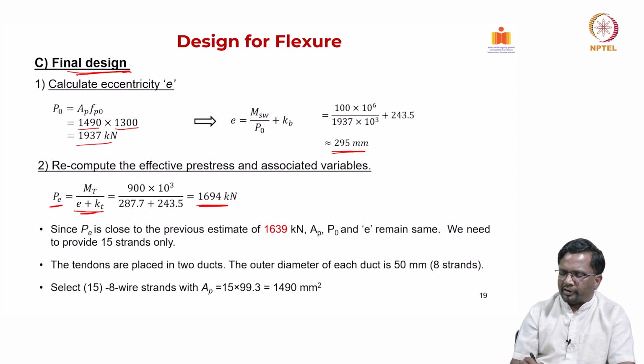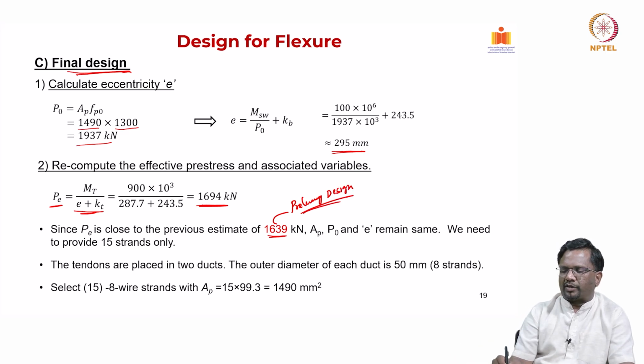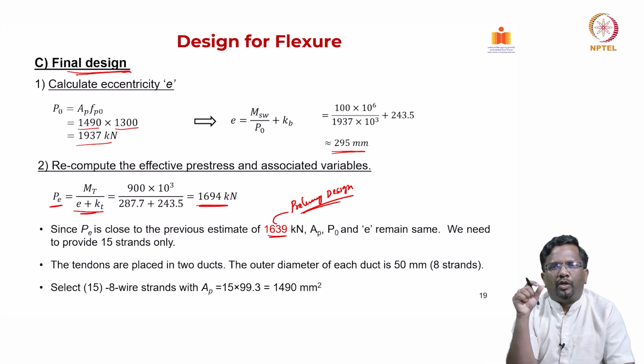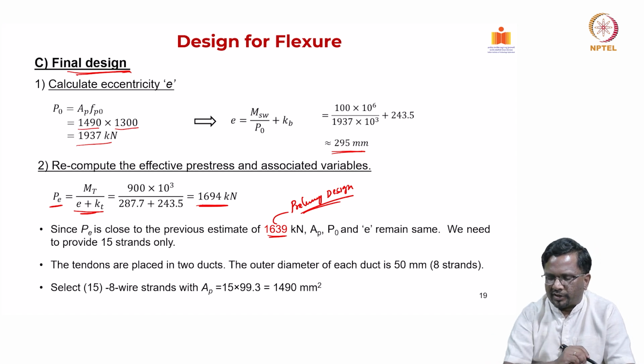And since Pe is close to the previous estimate of 1640 from preliminary design, and what is coming from the final design is very close, because anyway in area of pre-stressing steel I cannot put 14 and a half strands, either I put 14 strands or 15 strands, so that is not going to change. Anyway I have to keep 15 strands, which will give me a force of 1694, right?